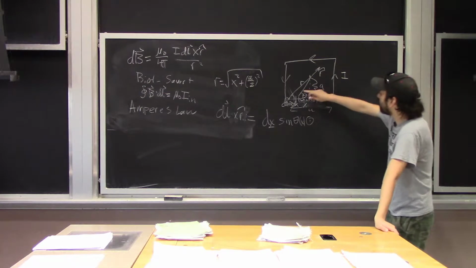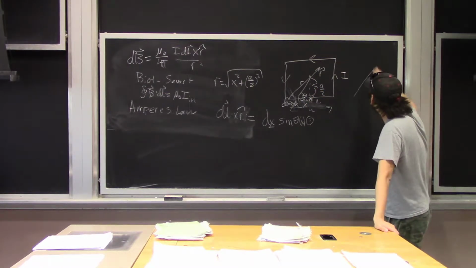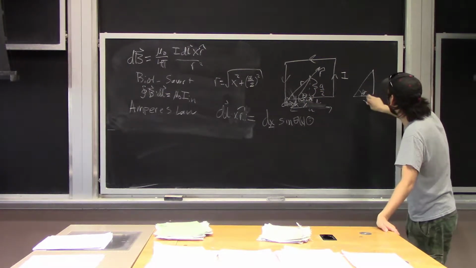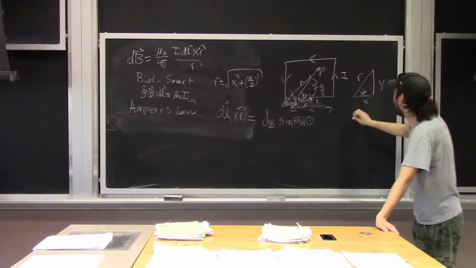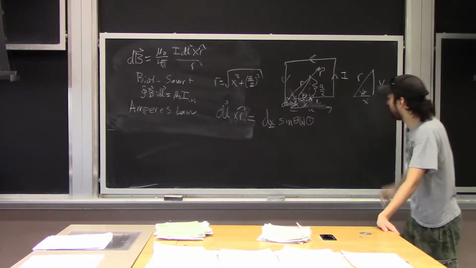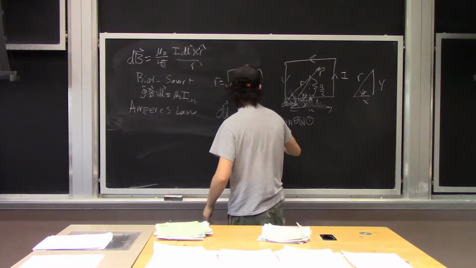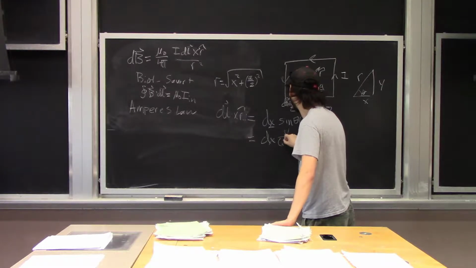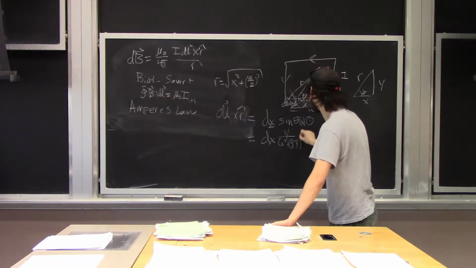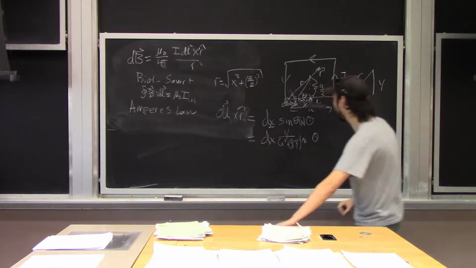When we look at this triangle, this is theta, this is x, this is y, this is r. Sine of theta is just going to be y divided by r. And so this is going to be equal to dx y divided by x squared plus a divided by 2 quantity squared to the 1/2, pointing out.